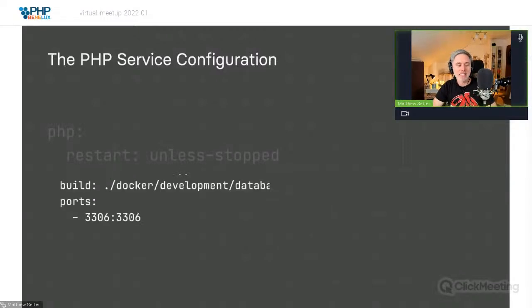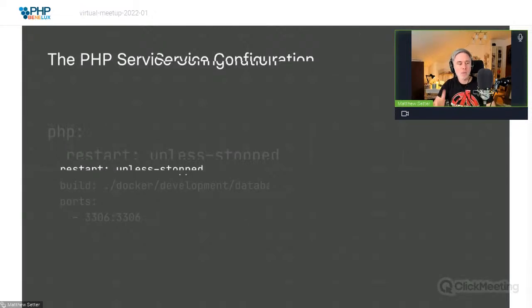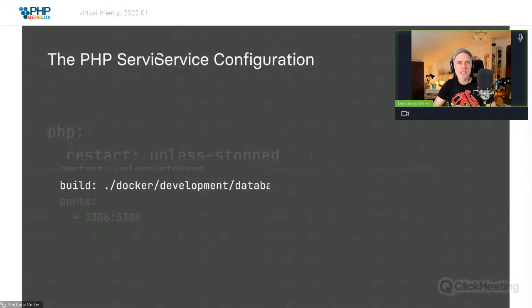Now for the database service. As with the other containers, we've given it a name and set it to always restart unless stopped. This time though, we're using the build directive to tell it to use the Dockerfile located in docker/development/database, which we stepped through before, for its build instructions.